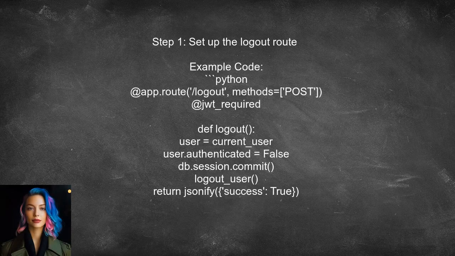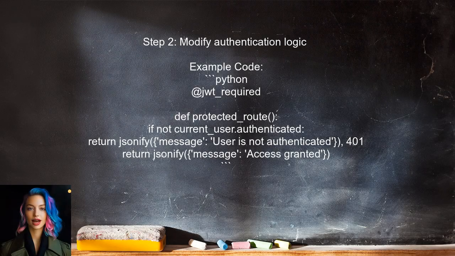To invalidate the Flask-JWT token upon logout, the user should first ensure that the logout route is properly set up. This involves marking the user as unauthenticated in the database. Next, the user needs to modify the authentication logic to check if the user is authenticated before allowing access to protected routes. This ensures that once the user logs out, they cannot access these routes.